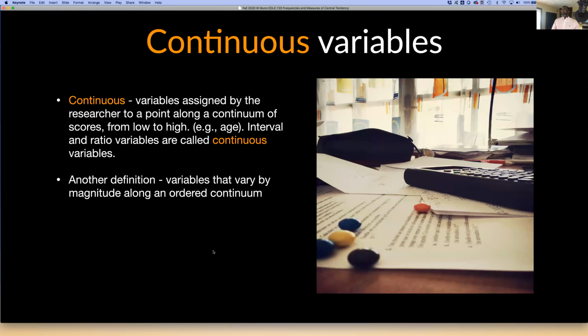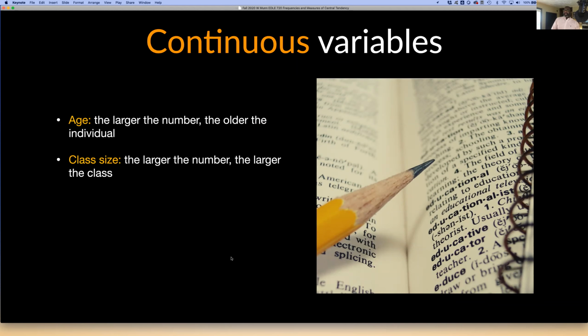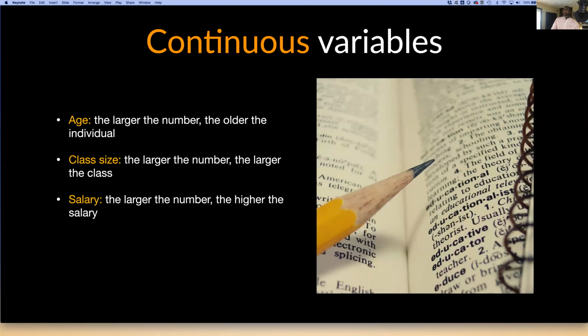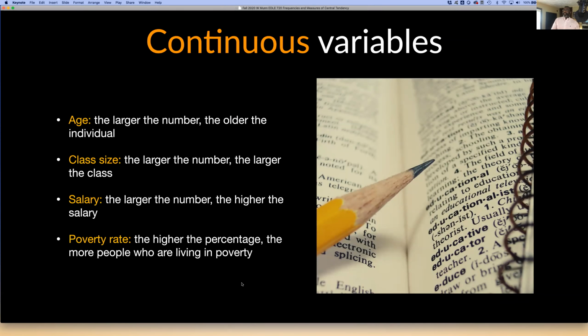Another definition: variables that vary by magnitude along an ordered continuum: height, weight, age, and achievement test scores. Age, the larger the number, the older the individual. Class size, the larger the number, the larger the class. Salary, the larger the number, the higher the salary. Poverty rate, the higher the percentage, the more people.